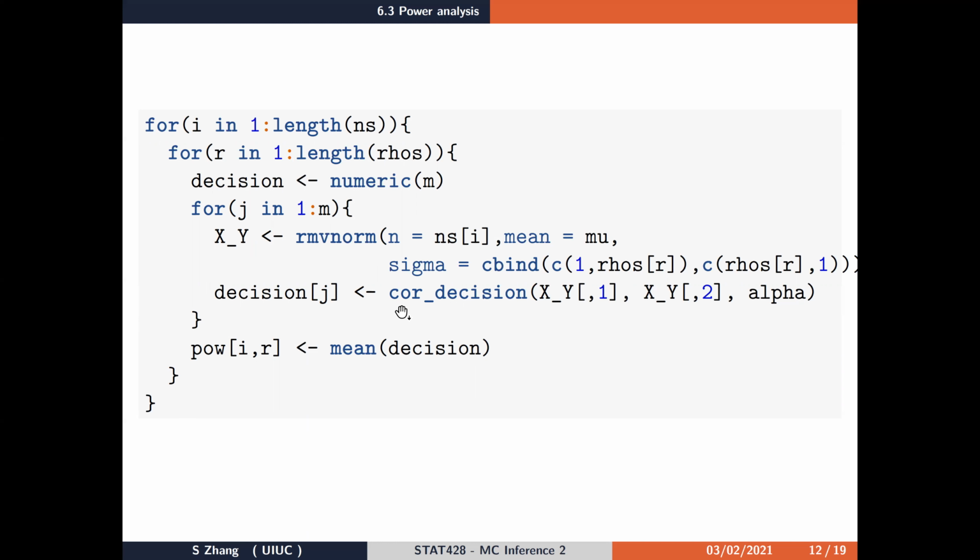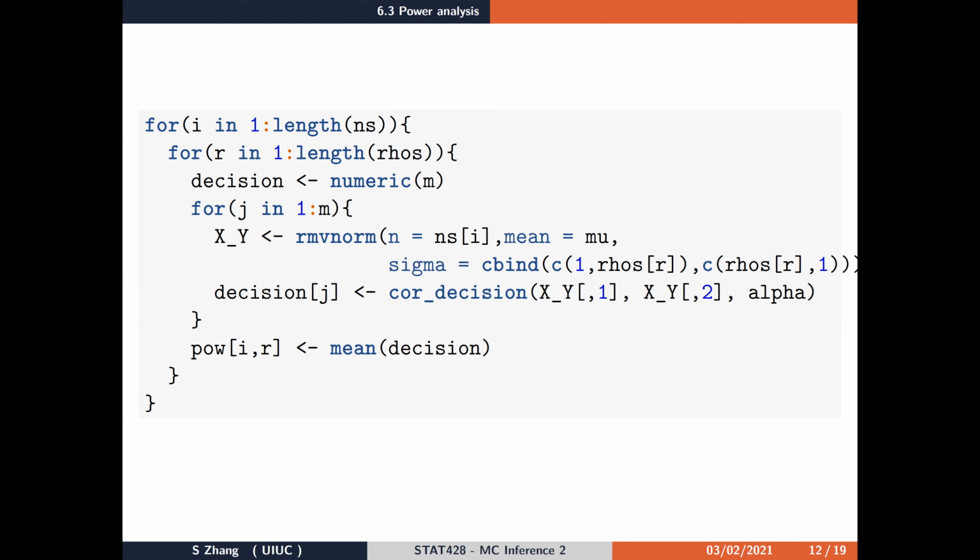And then for that particular sample size and rho condition, the power that we estimate using Monte Carlo simulations will be the mean of the decision vector. That is the proportion of times that the null hypothesis is rejected.